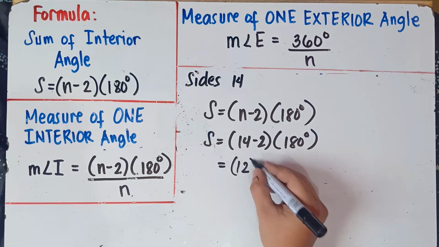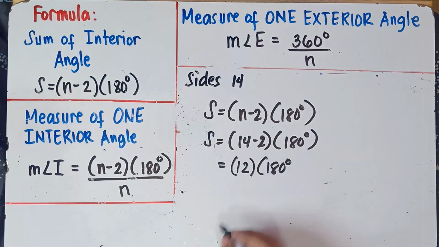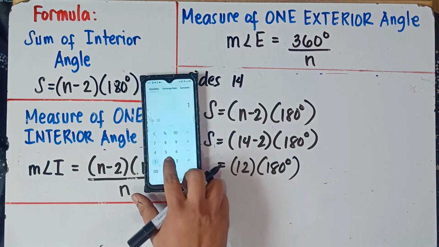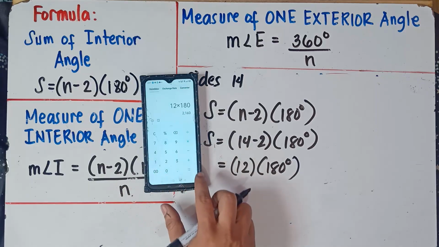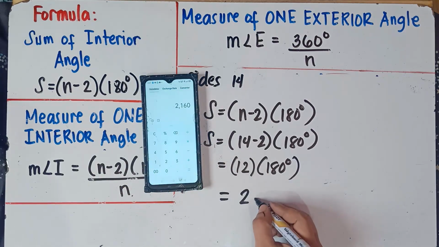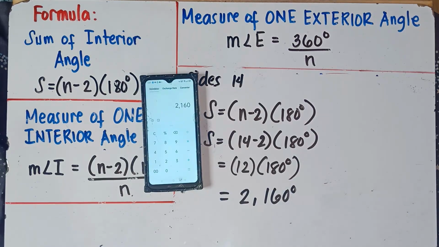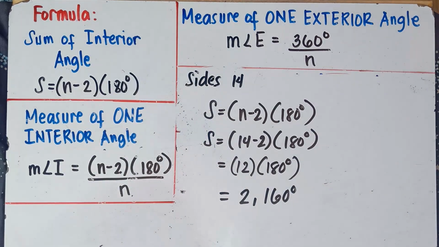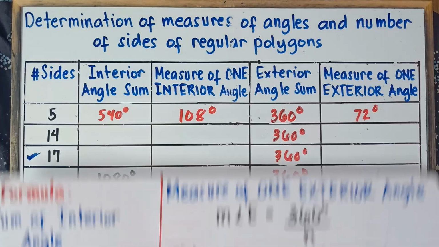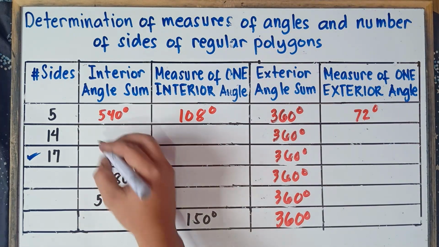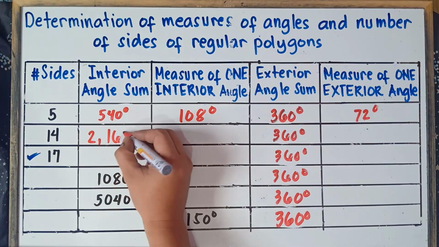So this is 12 times 180 degrees. The answer is 2,160 degrees. So therefore, the sum would be 2,160 degrees.